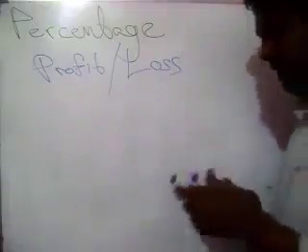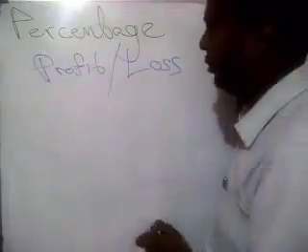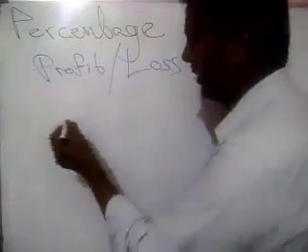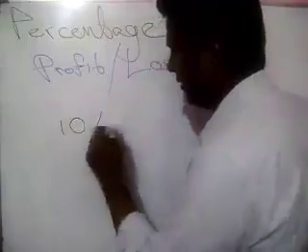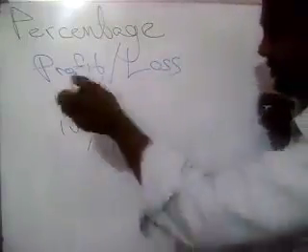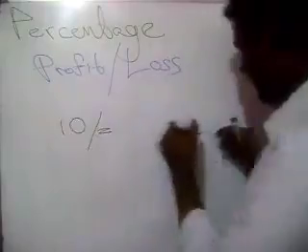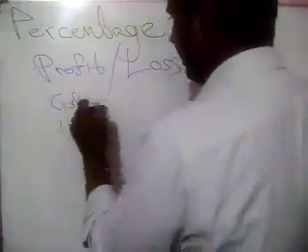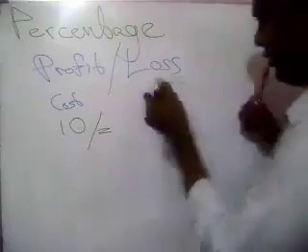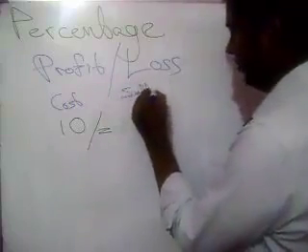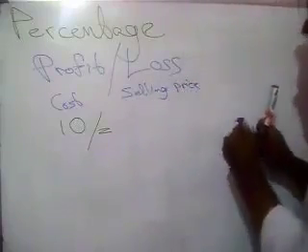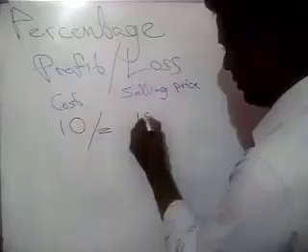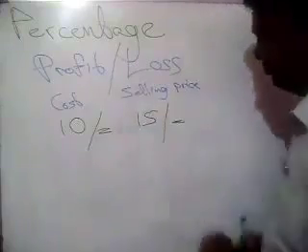So now, for example, let's say a certain good costs you 10 rupees, and then you sell it. So let's say the selling price is 15 rupees.